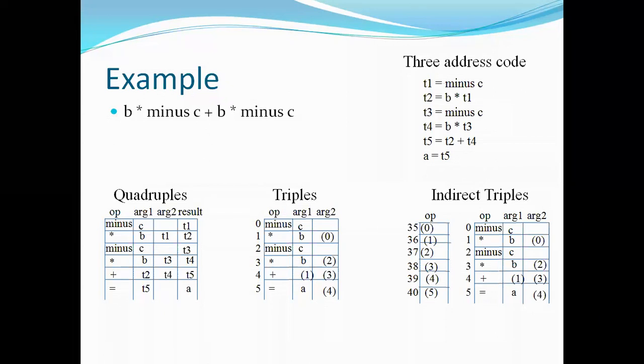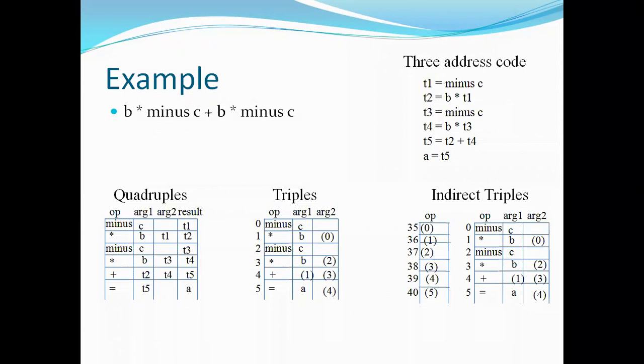I think you all understand the concept, and you all understand how to represent a quadruple data structure, triple data structure, and indirect triple data structure for the given input statement.